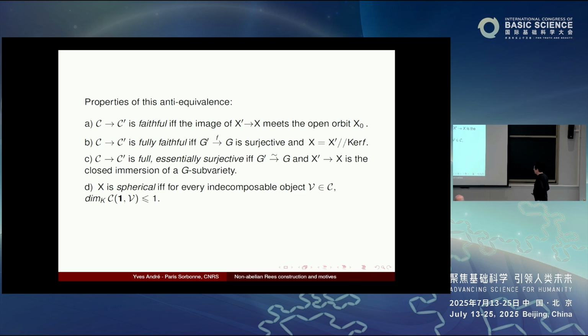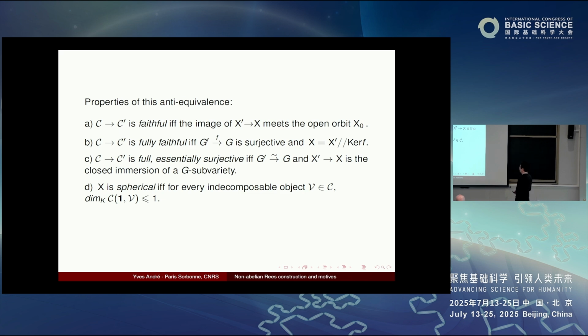So now some properties of this Galois correspondence. One can read the properties of the functor on the side of the category in terms of the properties of the G pre-homogeneous space. So for instance, the tensor functor F from C to C dash is faithful if and only if the image of the corresponding map, which goes in the opposite direction between pre-homogeneous spaces, meets the open orbit.